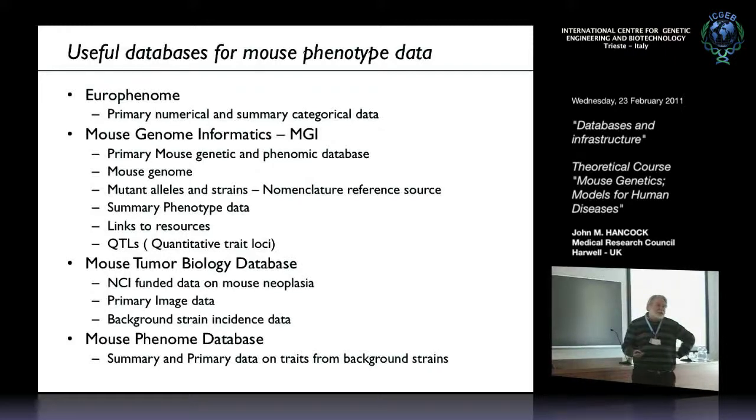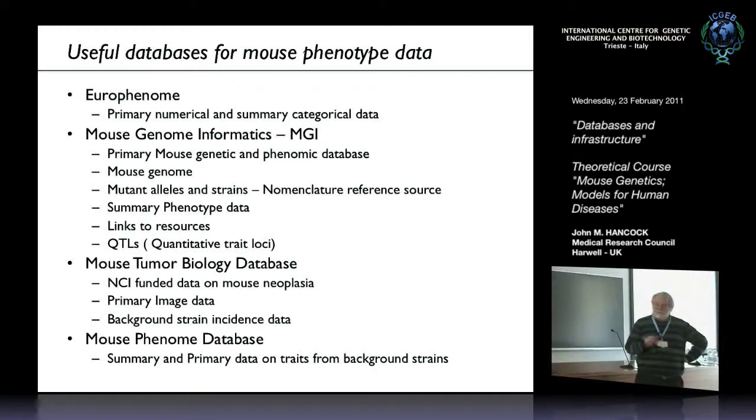Europhenome is the database of the International Mass Phenotyping Consortium. It was set up during the Eumorphia program, the EU program, and it's been developed at Harwell during EUMODIC, and it hosts the data from EUMODIC and is likely to form the basis for the database for the IMPC as well.